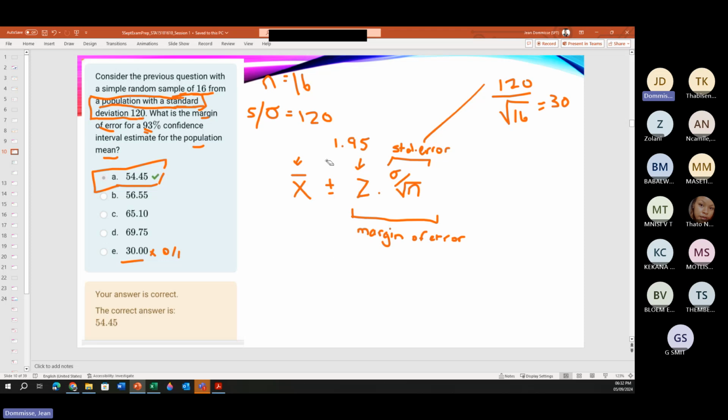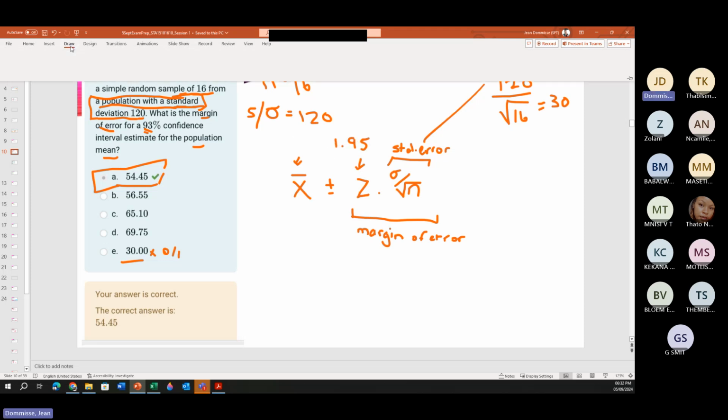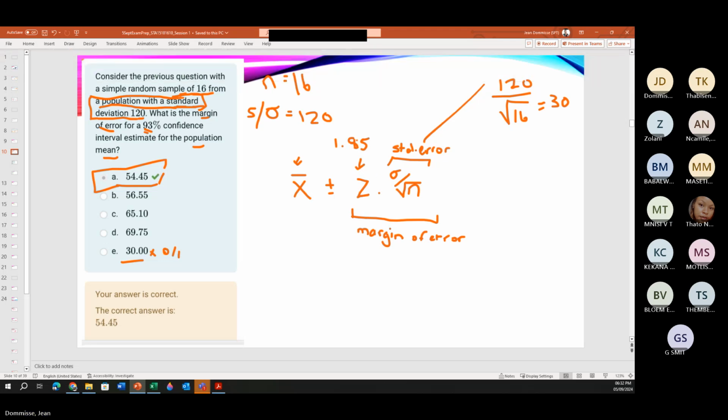Okay, so apparently if you then look at it as a Z, you actually do get 1,815, which will give you the 54,48. So if I used the T, there wasn't an answer.